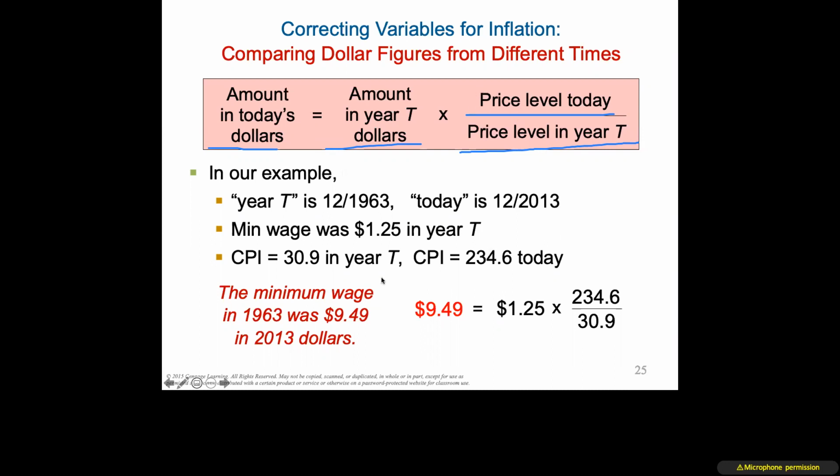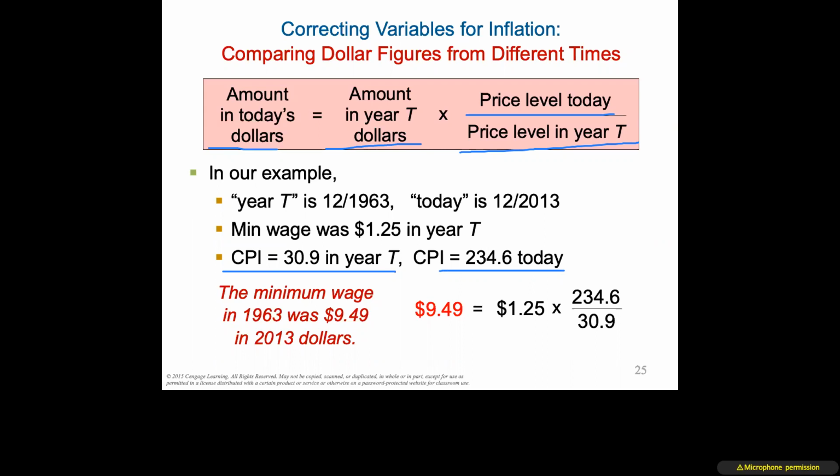Now, you can definitely look these up, but I'm going to give them to you. The Consumer Price Index in year T, which would be 1963, is 30.9. And the Consumer Price Index today is 234.6.